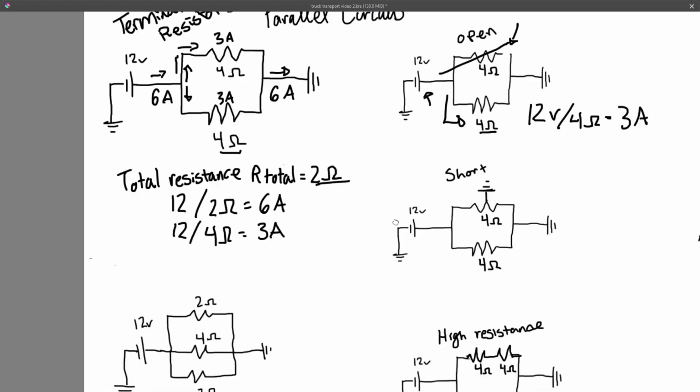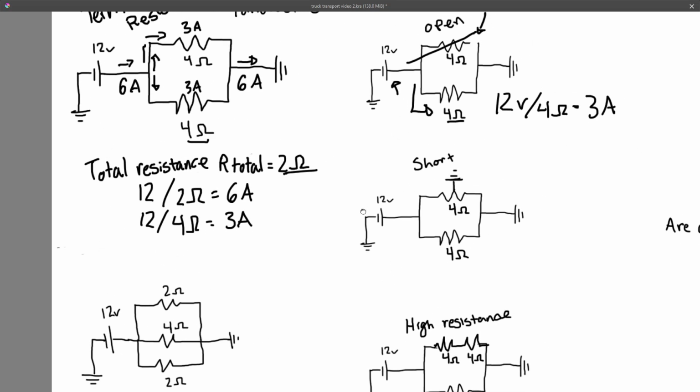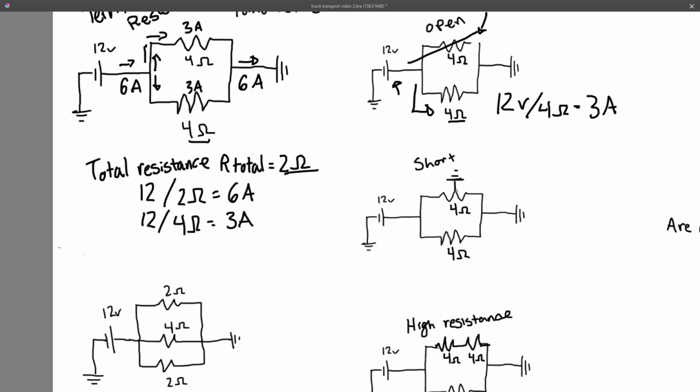Now let's look at something a little bit different. It's not always so easy. We're going to have to make some assumptions here. We're going to assume that this short halfway through this is going to act as a 2 ohm resistor on this side and a 2 ohm resistor on this side.